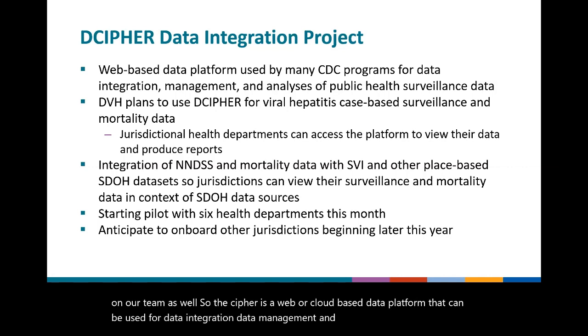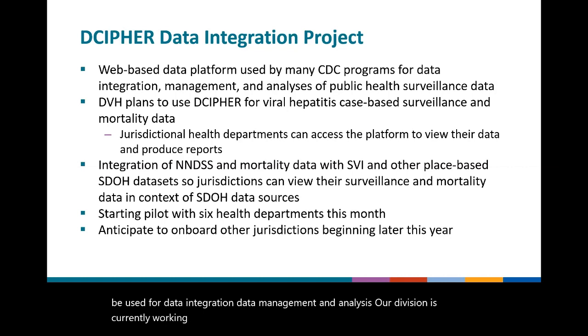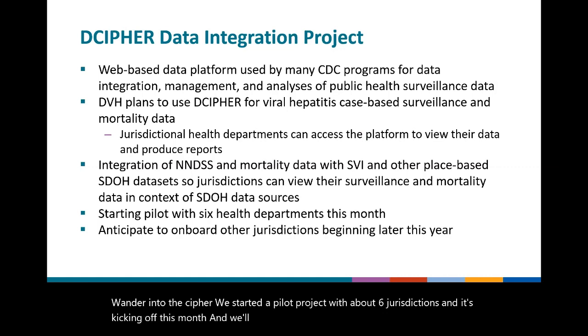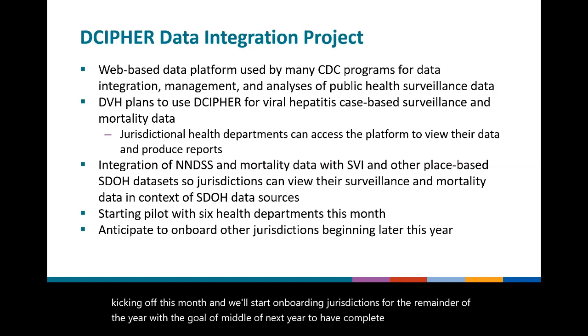Our division is currently working to bring viral hepatitis surveillance data from NNDSS and mortality data from CDC Wonder into DCIPHER. We've started a pilot project with about 6 jurisdictions, and it's kicking off this month, and we'll start onboarding jurisdictions for the remainder of the year with the goal of middle of next year to have complete onboarding for all jurisdictions.